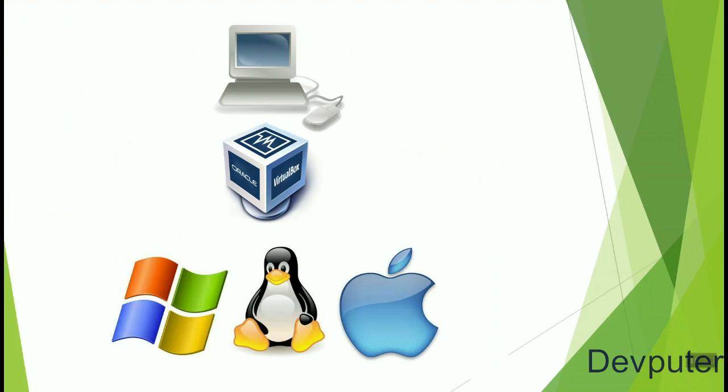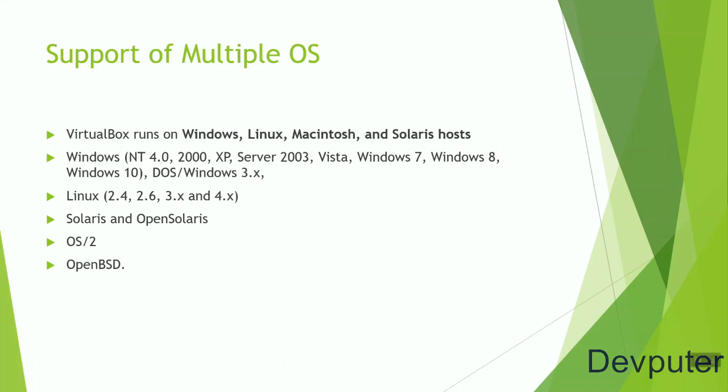Okay, so inside our computer a single VirtualBox software will be there, and inside the VirtualBox you can install whatever operating system you want. So VirtualBox supports multiple operating systems: Windows, Linux, Macintosh, Solaris. Inside Windows, there are various OS versions like XP, Windows Server, Vista, Windows 7, 8, 10, DOS, a lot of things.